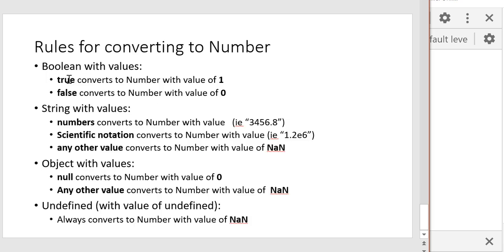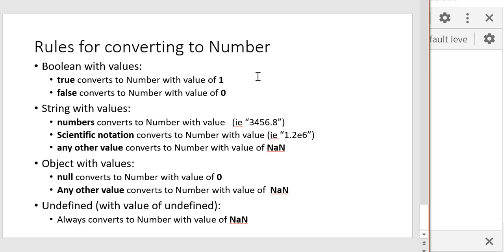The Boolean true converts to the number 1. Well, that kind of makes sense. True, on, 1, they all kind of have the same kind of meaning. For example, when you flip the light switch on, or when you flip the bit in your computer on, that is the value 1.